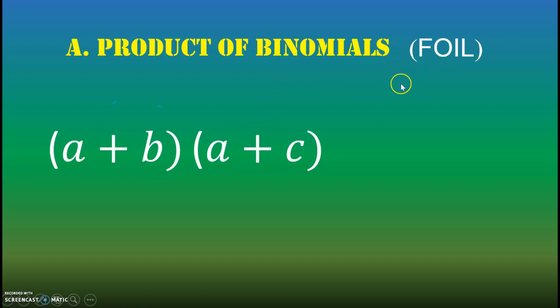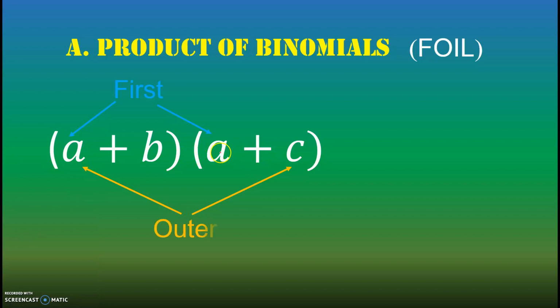Again, this is familiar to you, right? This is the first, a and a. Then the outer terms, a and c, the outer terms of the two groups, and then inner, b and a. These are the inner terms. And the last terms, b and c.